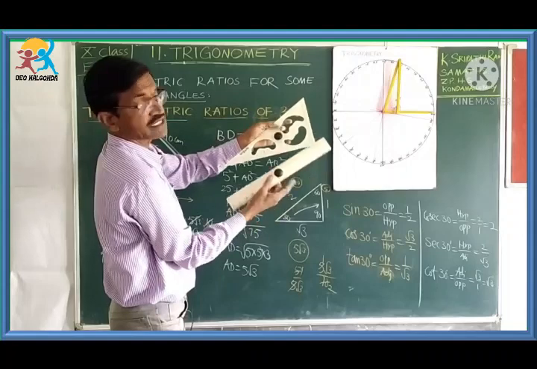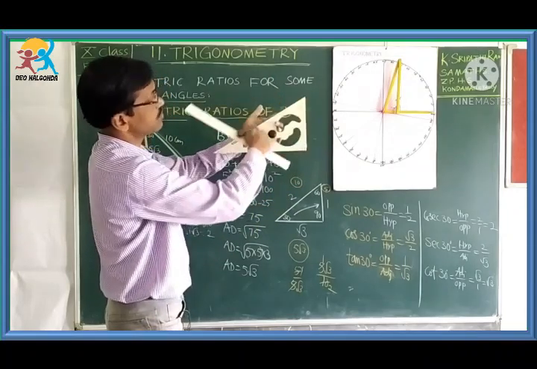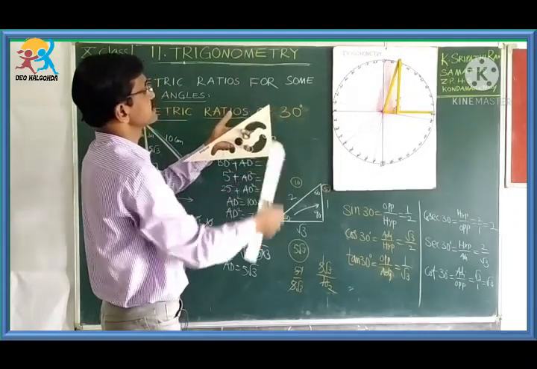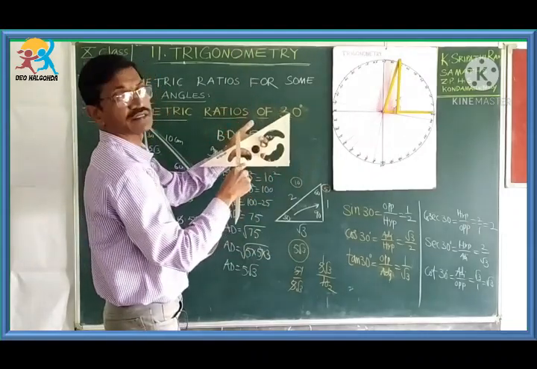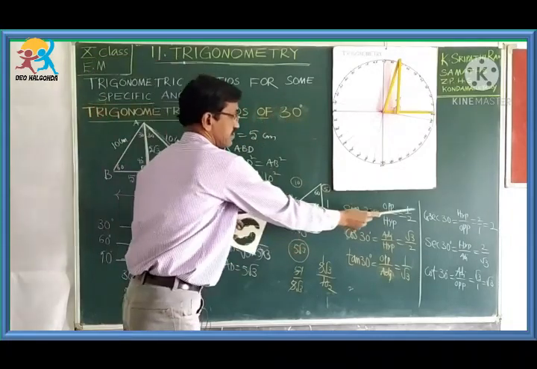The hypotenuse is 38 centimeters. So 19 by 38, if you divide, you will get 1 by 2.